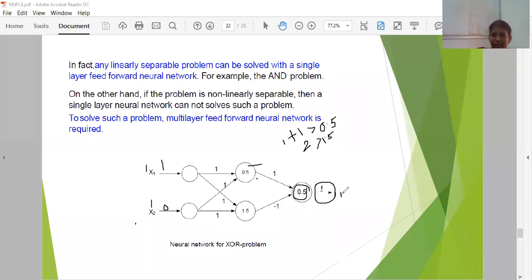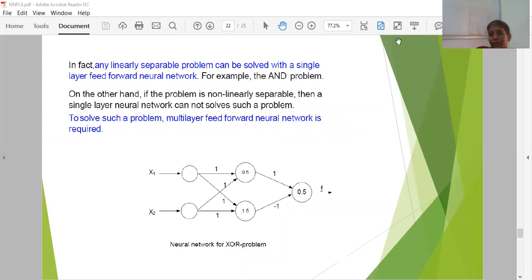So we have output 0. Clear? Okay, if you want, you can write down and check all the values and you can evaluate. In all the 4 patterns, you need to cross check how your output will be, either 0 or 1.